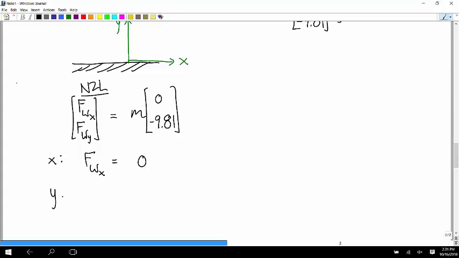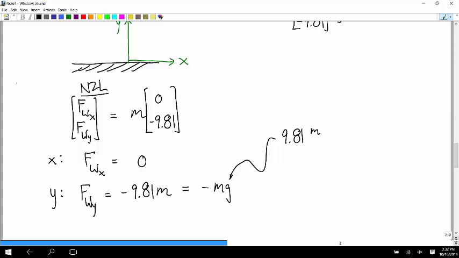And the y equation says Fwy is equal to negative 9.81 m. Or we could also think of this as negative mg, where g is a constant, negative 9.81 meters per second squared.